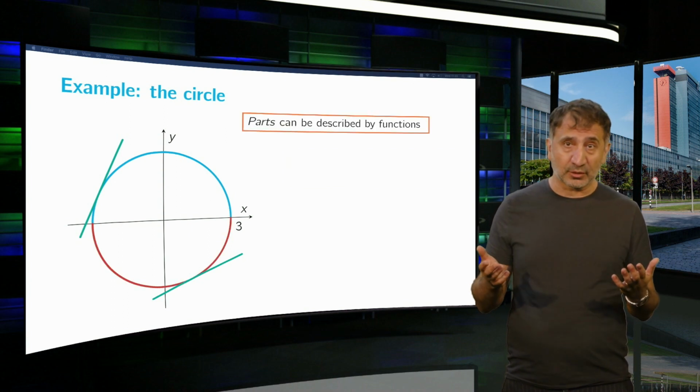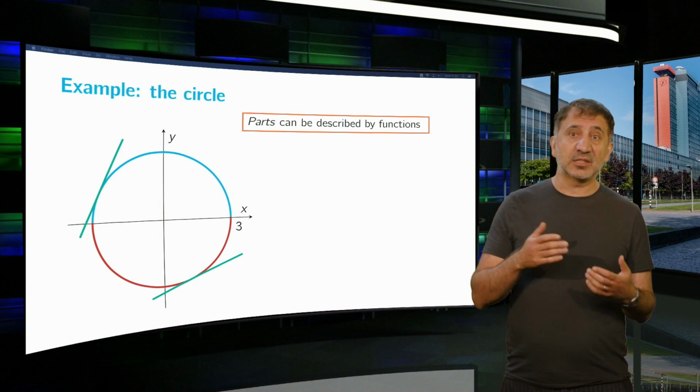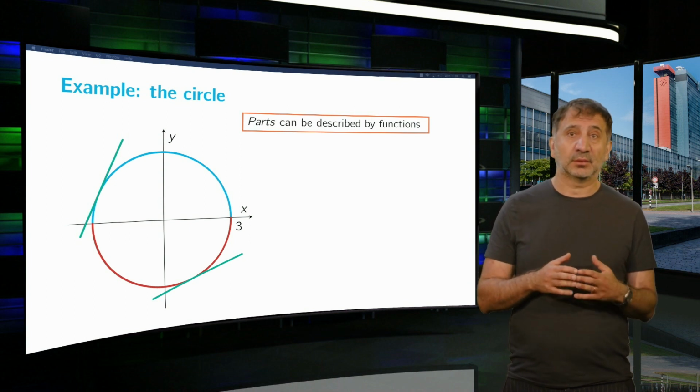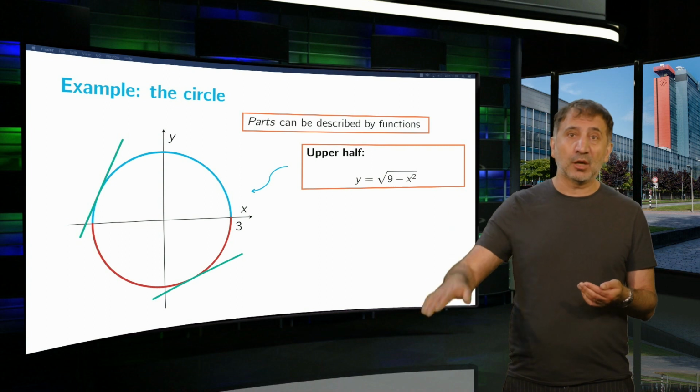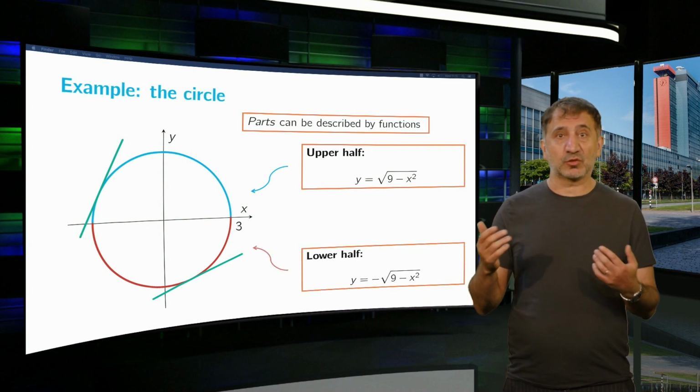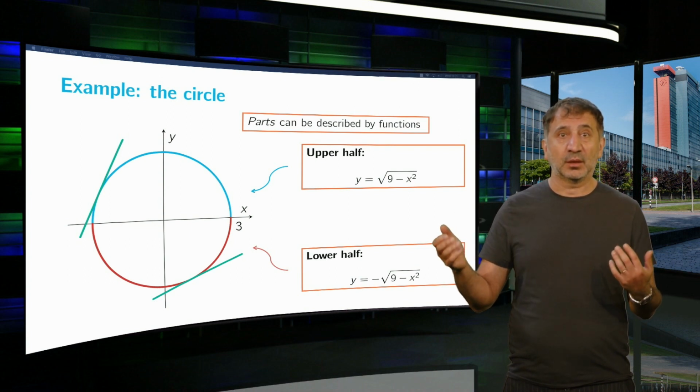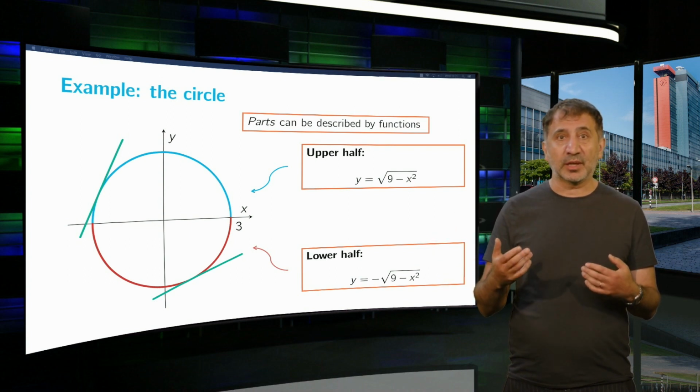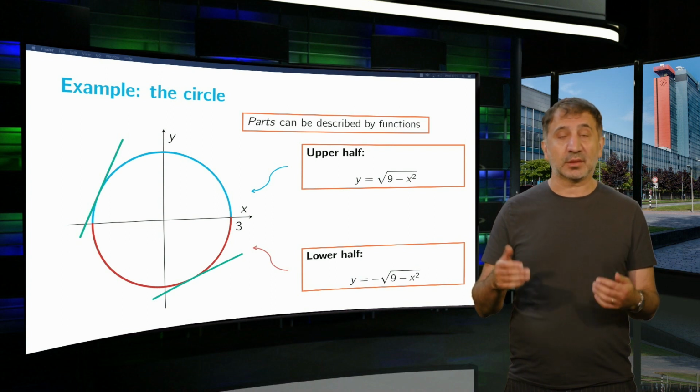We can divide the circle in 2 parts, which can be described by explicit formulas, namely the upper half and the lower half. The 2 functions plus and minus the square root of 9 minus x squared are defined implicitly by the equation x squared plus y squared is 9.